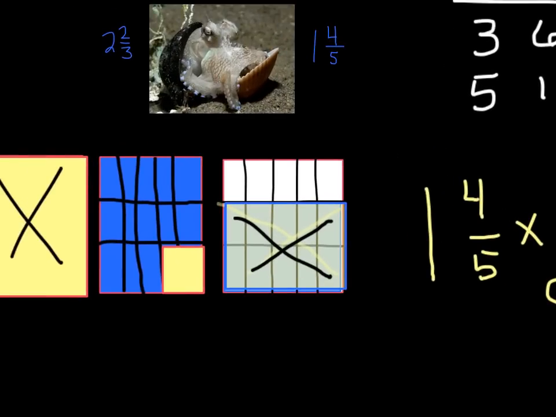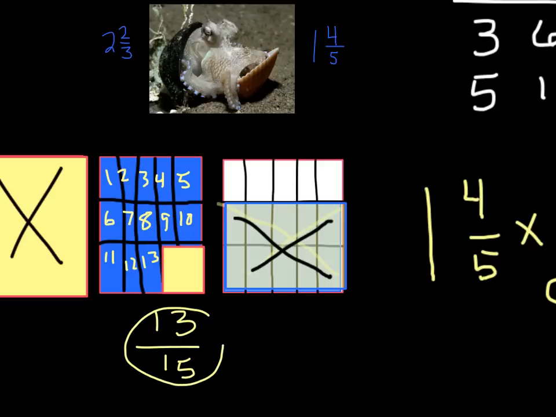And I'm going to write in here 1, 2, 3, 4, 5, 6, 7, 8, 9, 10, 11, 12, 13. So I have 13 15ths. That's what our little octopus here, those are the clams he has left to eat.